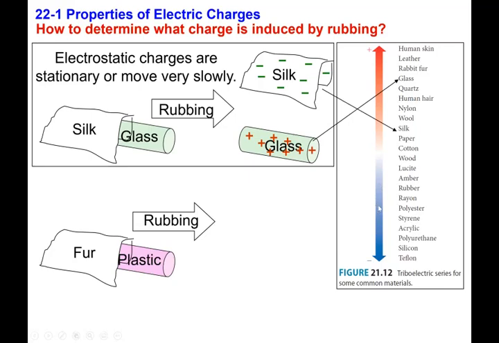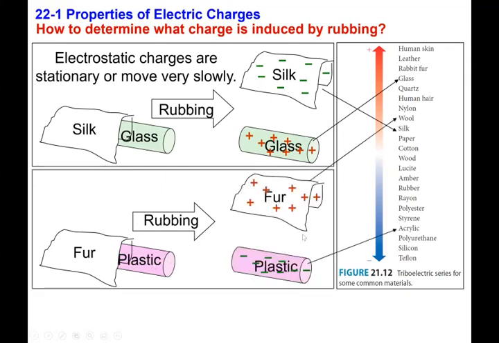So clearly the polyester or the plastic will accumulate a negative charge, and the wool, or the fur, will accumulate a positive charge. So this is the wool in the triboelectric diagram. This is acrylic or plastic, it can be polyester or anything, and it accumulates negative charge. So using this triboelectric series diagram that was obtained experimentally, we can determine which material accumulates positive and which material accumulates negative charge.